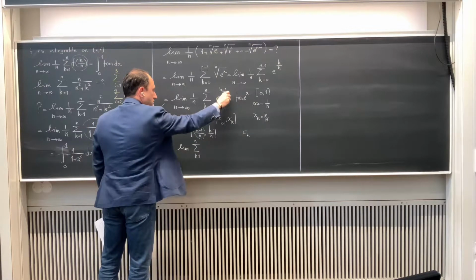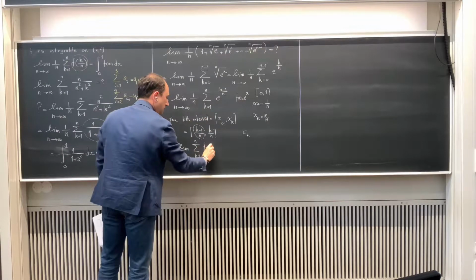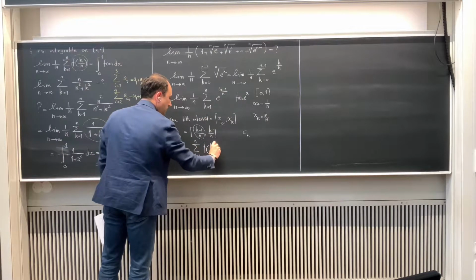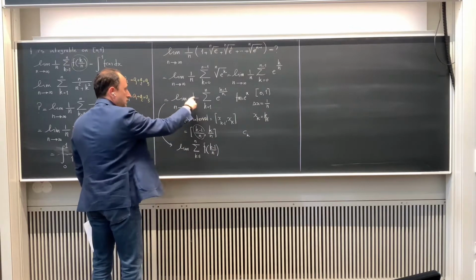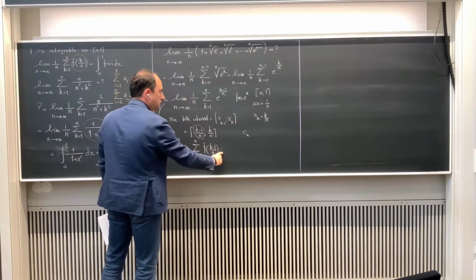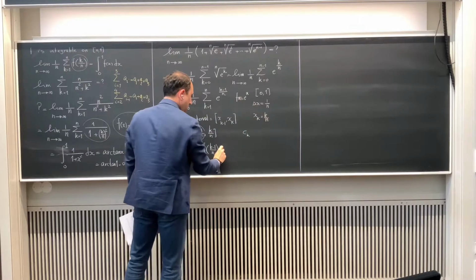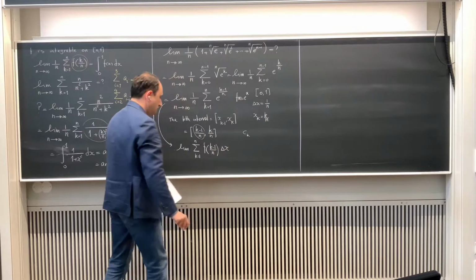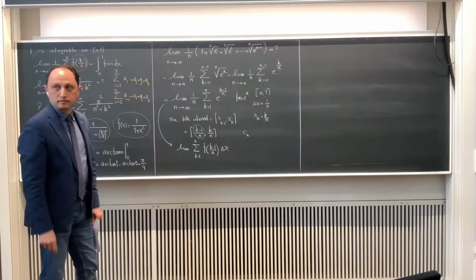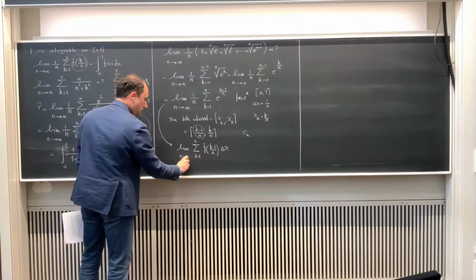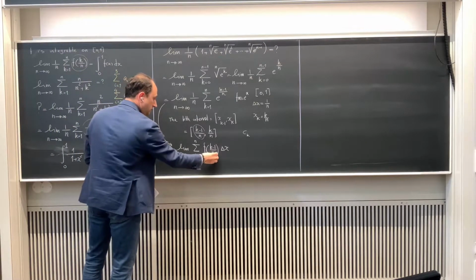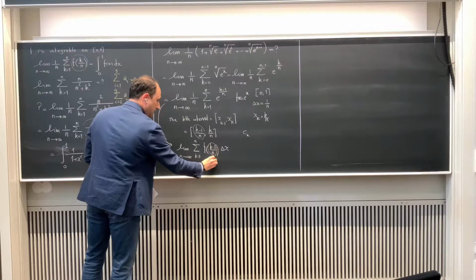Instead of this expression, I can write in my head f of k minus 1 over n, and instead of 1 over n, I flip it inside, but 1 over n is delta x. So do you see, this is the Riemann sum, and n goes to infinity. In this case, this number is my tag, c sub k.